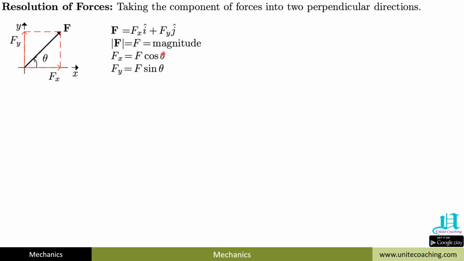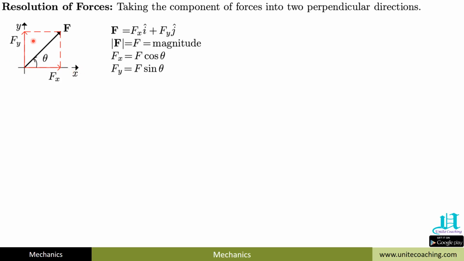And so the x component of the vector f will be basically f cos theta, and the y component of the vector will be f sin theta. And remember, these components are basically scalar values, right? Because they are the components along the x-axis and y-axis, we directly know the direction, that is, direction x and direction y.